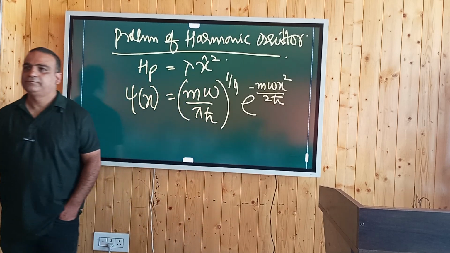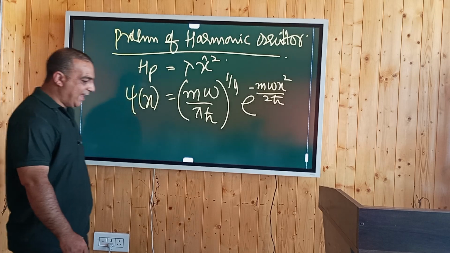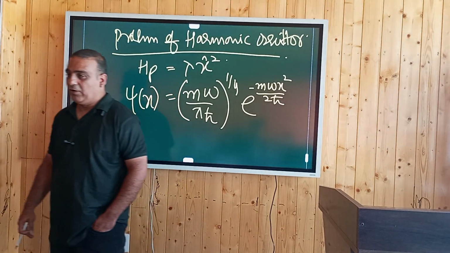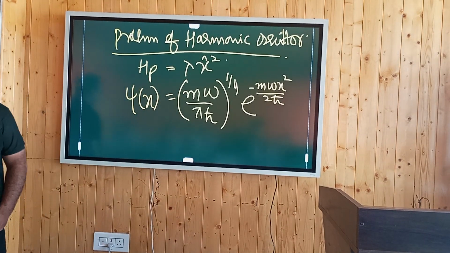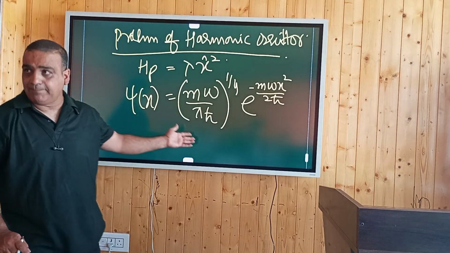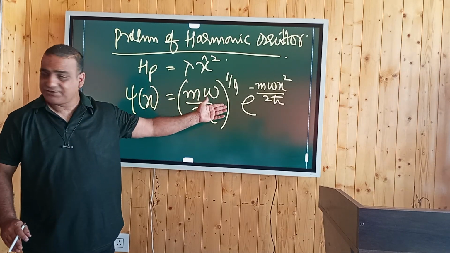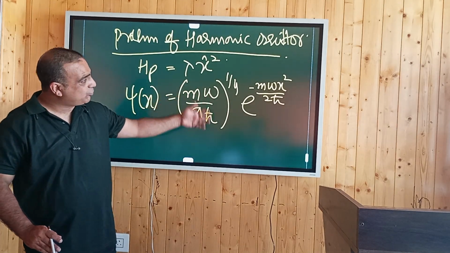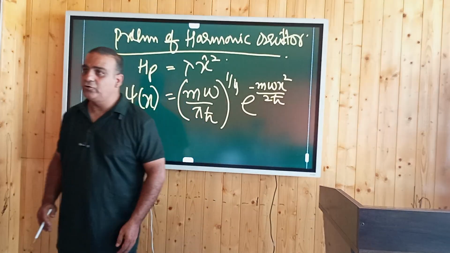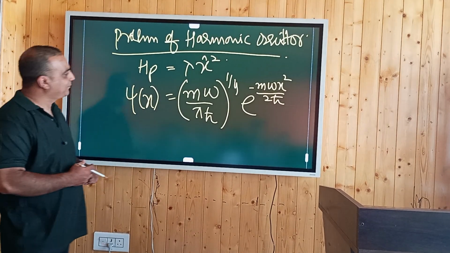This is your eigenfunction for the ground state of the harmonic oscillator. And you know the meanings of the symbols that I have used in this equation. m is the mass, omega, pi, h cross. You are supposed to know all of these symbols.